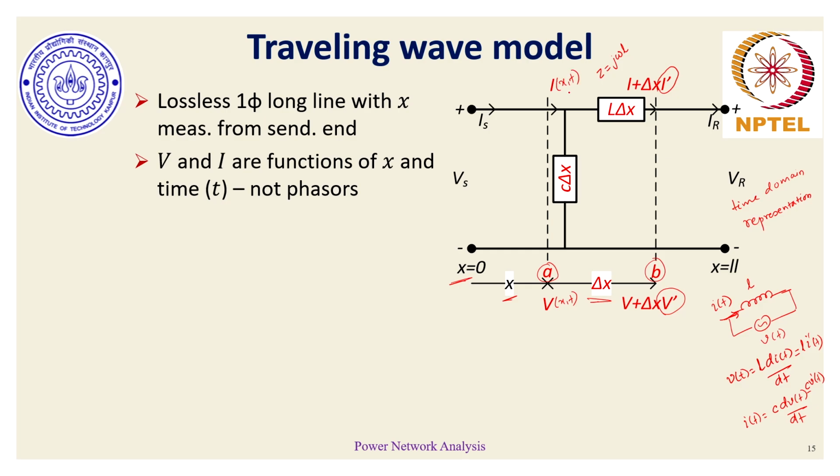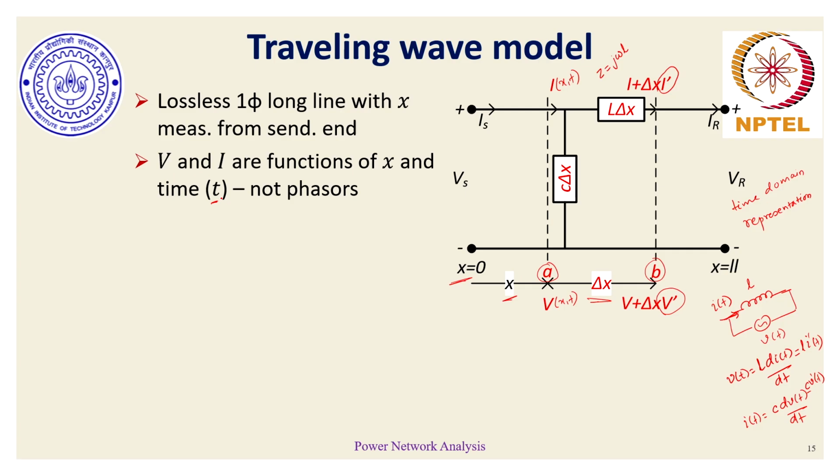In the long line model with phasor representation, time was not there. Now the time variable is also coming in, and I'm choosing A and B as my nodes. So can I derive an appropriate model for this lossless long line in terms of traveling waves?